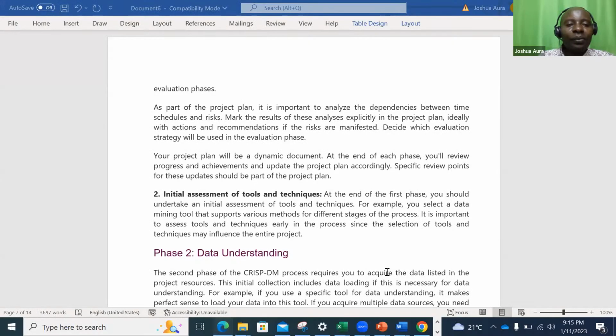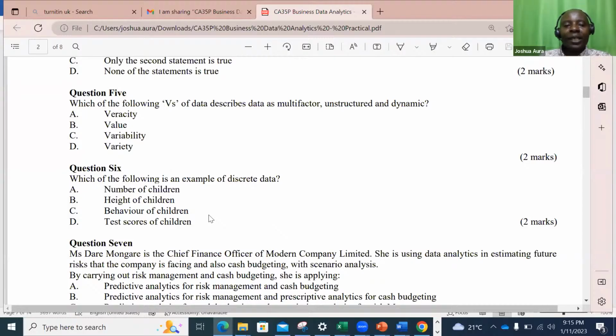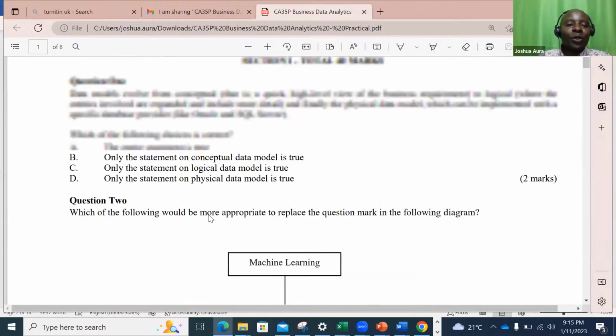How is it tested? Like there is theory and practical. So this is how it is tested. Like now, this is last semester's paper. It has got two sections.